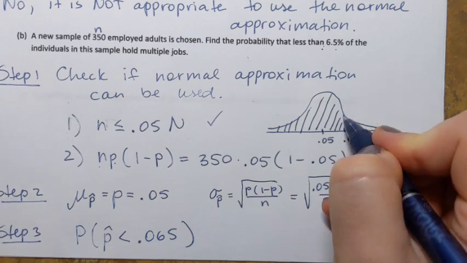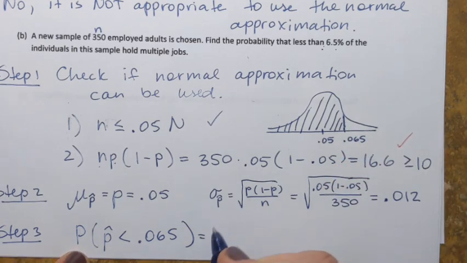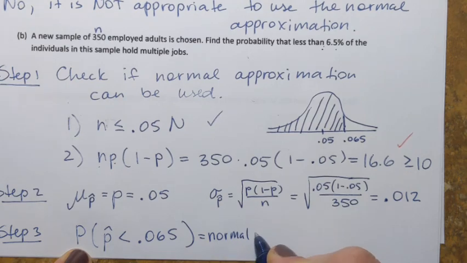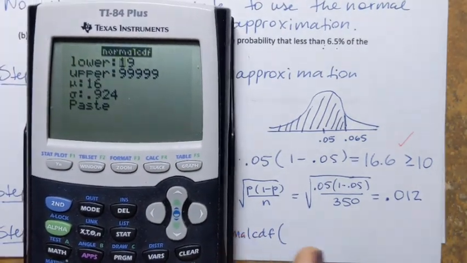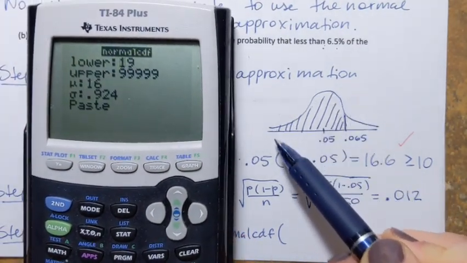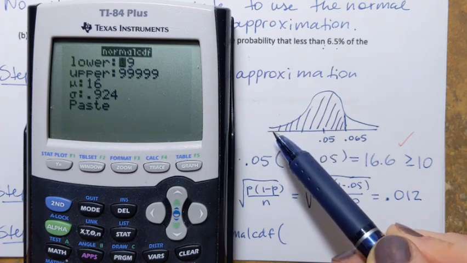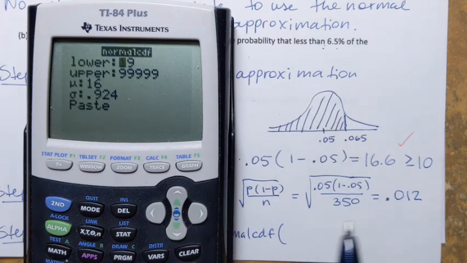To find this area on the calculator, I'll use normal CDF, and the numbers that I'm entering, the lower boundary. So for this region, the lower boundary, which is always on the left hand side, it's not given, so I just need to choose very small numbers.